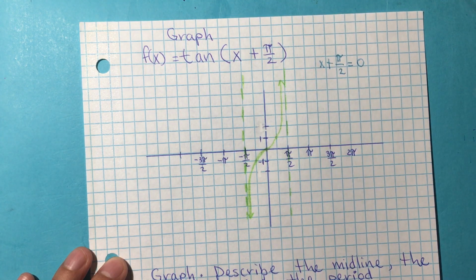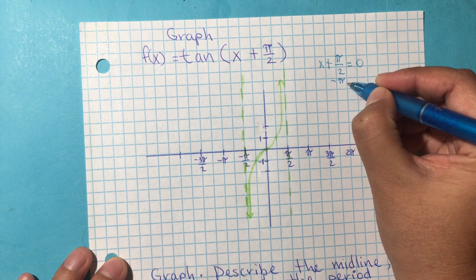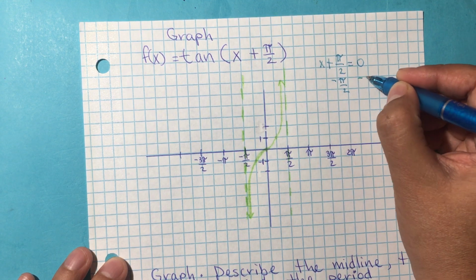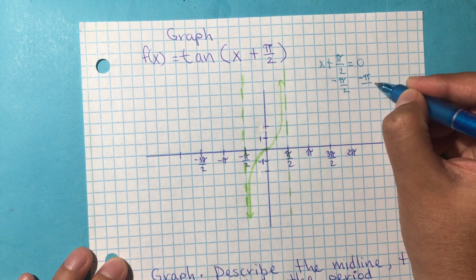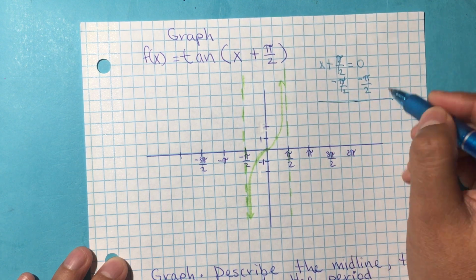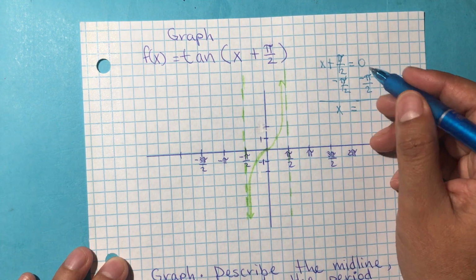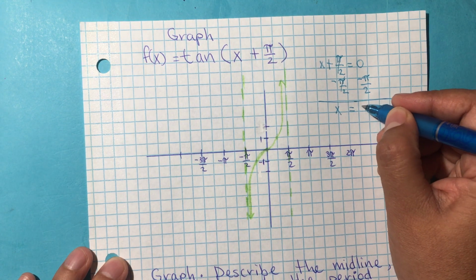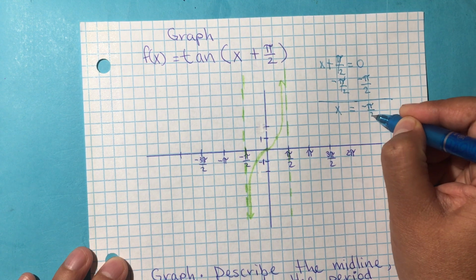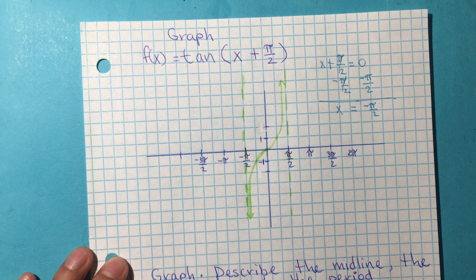We set it equal to 0 and then solve for x, and that's how you find out how much you're going to shift it. The sign tells me if it goes to the left or the right. So 0 minus pi over 2 is going to be negative pi over 2. That means that every point is going to move to the left.